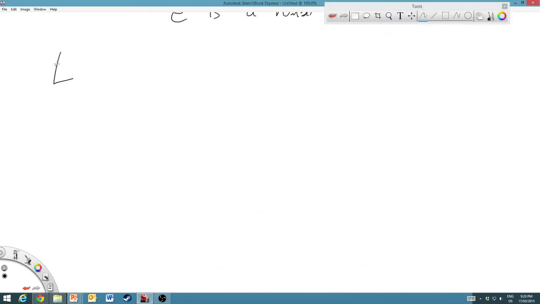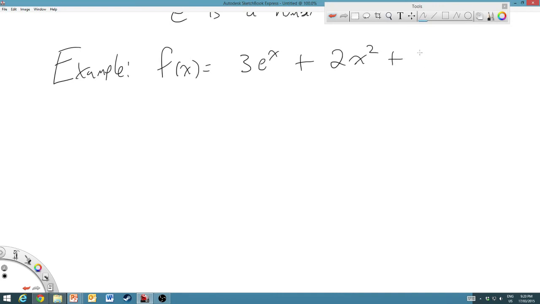So here's an example. Let's say f of x is equal to 3e to the x plus 2x squared plus 3. Well, f prime of x, well, 3 times e to the x, well, the derivative of e to the x is just e to the x, so this term doesn't actually change, it still remains 3e to the x.